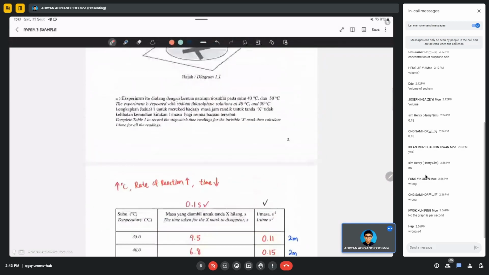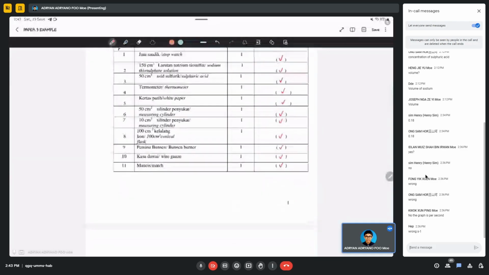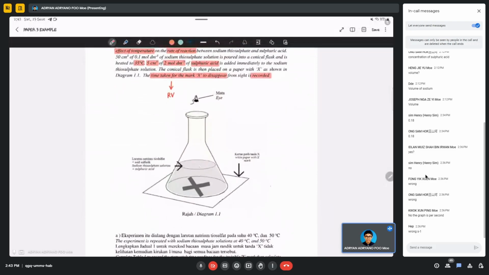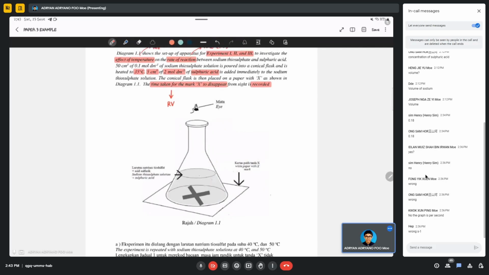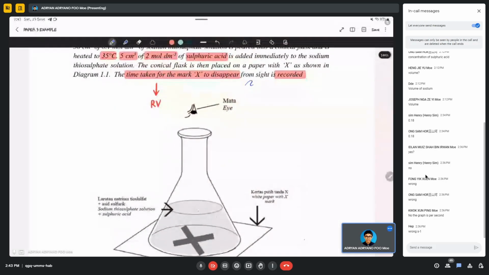Okay, then I want to talk about how you write an operational definition. Okay, example. This experiment, can you tell me what you do? You must remember operational definition. What is an operational definition?